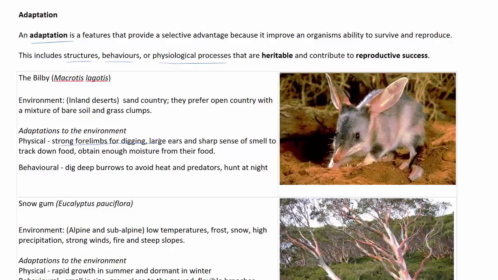They don't actually have to seek out water to drink. Behaviorally, the bilby has evolved to dig deep burrows and avoid heat and predators, and they also hunt at night. So this is a classic example of an adaptation that has evolved in order to enable the bilby to survive and reproduce in its environment.